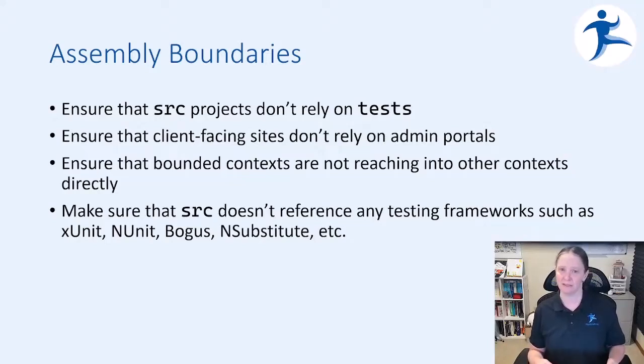So in our production, do we really need to have references to things like xUnit or NUnit or NSubstitute? Probably not. Also, if you're like me where you have to deal with a lot of data generation, you probably don't need things like Bogus in your source. You're probably dealing with real data and can move that to your test folder. So assembly boundaries are another architectural test that you can build and then ensure that people are following that guidance.